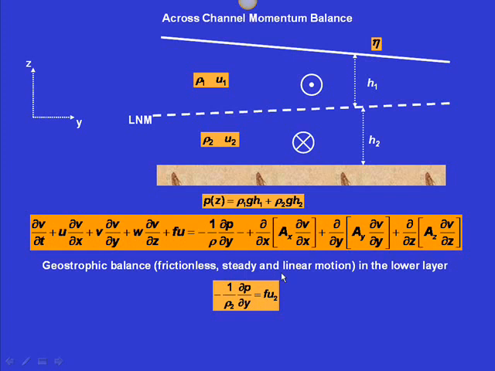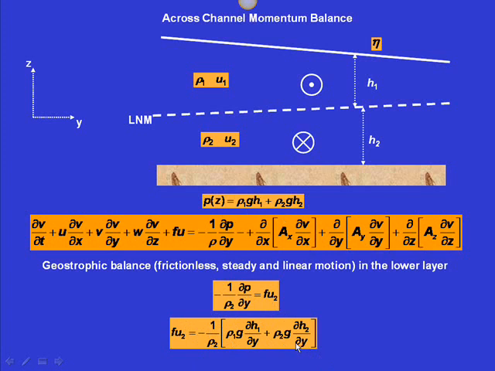Okay, so we're expressing the geostrophic balance in the lower layer like that: the total pressure gradient, with the density of the lower layer, normalized by the density of the lower layer, equals the Coriolis acceleration in the lower layer. So we can express the pressure in terms of this total pressure. So the Coriolis term is going to be equal to the pressure gradient here.